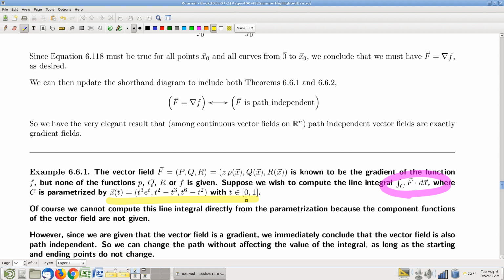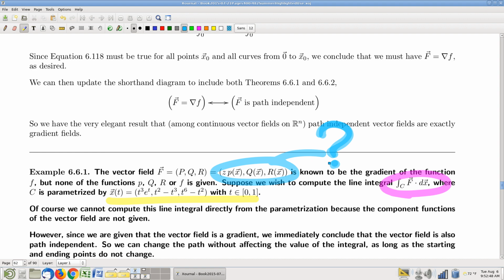Let's go through our list of techniques for how to compute line integrals. One is parameterize and plug and chug. Well, I can't plug and chug because I don't know hardly anything about the vector field. Fundamental theorem of line integrals, maybe. Maybe I look for an antigradient. Well, I can't find an antigradient if I don't know what the vector field is.